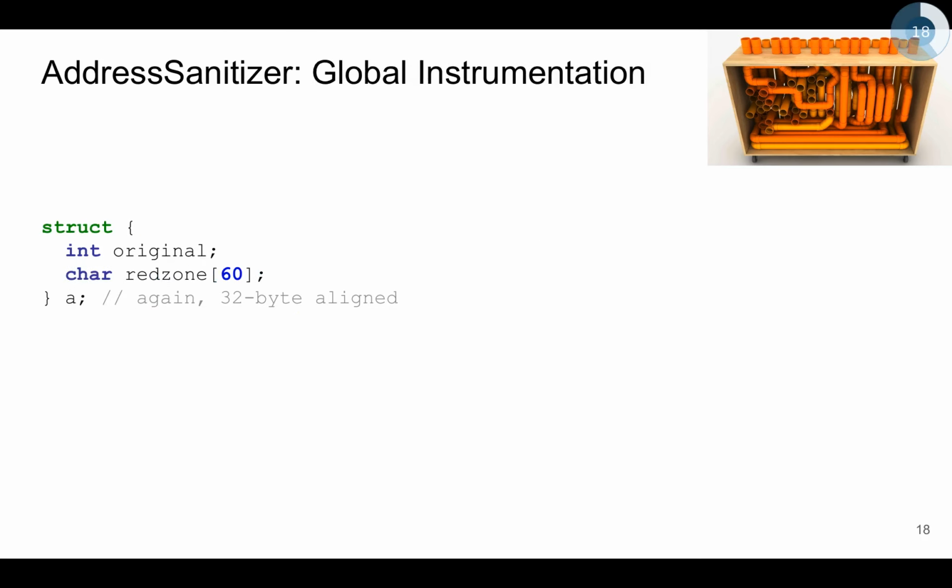For globals, the address sanitizer instrumentation would simply add a red zone after the original value. So first we pad it to 32 bytes, and then add a 32-byte red zone, which again would make it 32-byte aligned.